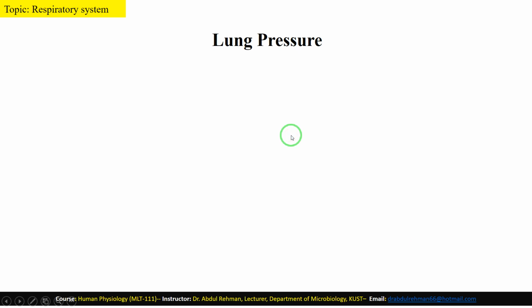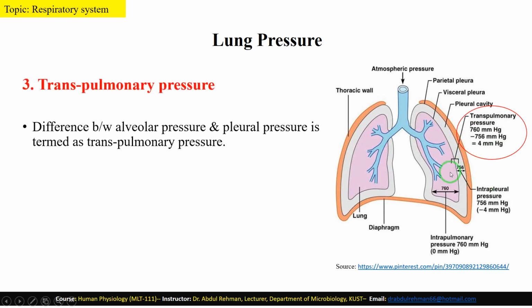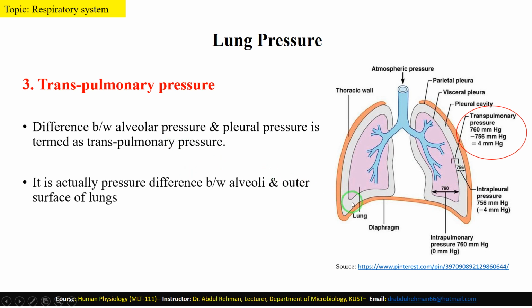The third type of pressure that exists within a lung is the transpulmonary pressure, which is actually the difference between the lung pleural pressure and lung alveolar pressure. This pressure is used to prevent the collapse of the lung alveoli with the chest wall.